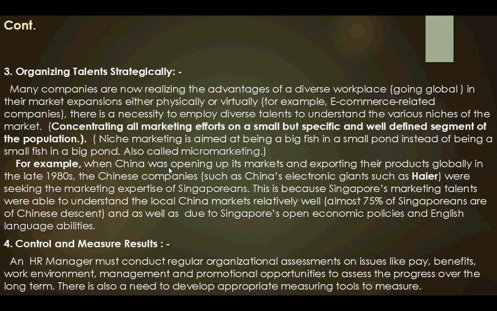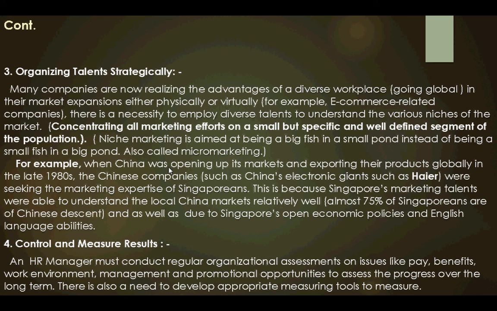Many companies are now realizing the advantage of a diverse workforce going global in market expansion, either physically or virtually. For example, for e-commerce related companies, there is a necessity to employ diverse talents to understand the various niches of the market. For example, when China was opening up its market and exporting its products globally in the late 1980s, the Chinese companies were seeking marketing expertise from Singaporeans.